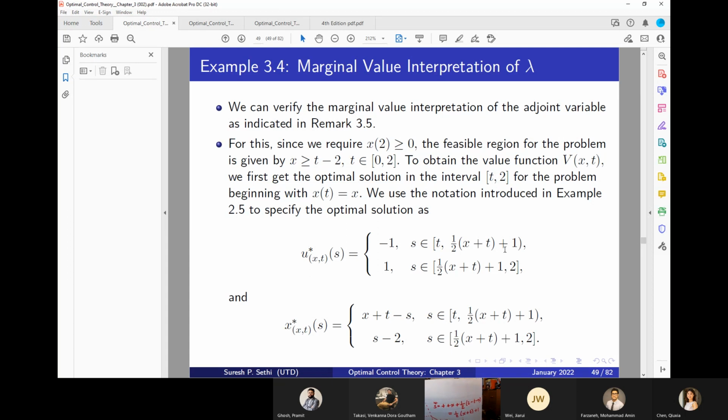So now S star is halfway. What is halfway? Halfway is t plus x plus half of this difference.